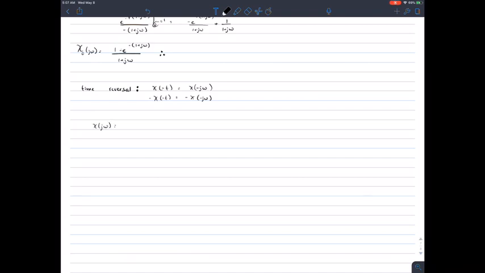So x of j omega is equal to 1 minus e to the negative 1 plus j omega over 1 plus j omega, minus 1 minus e to the negative 1 minus j omega over 1 minus j omega.